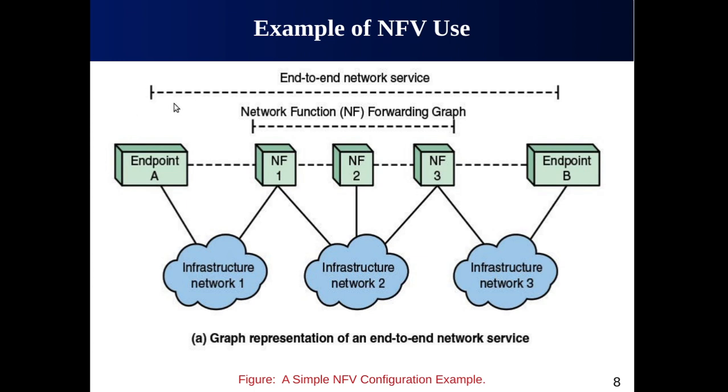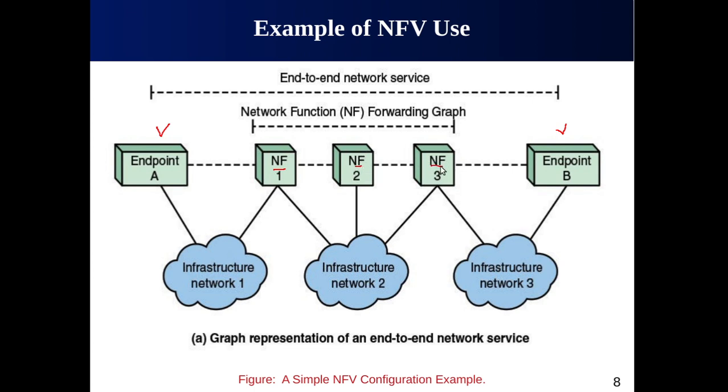At the top of this figure, you can see the network service, which consists of endpoints, like endpoint 1 and endpoint 2, and these endpoints are connected by network function blocks: NF block 1, NF block 2, NF block 3.